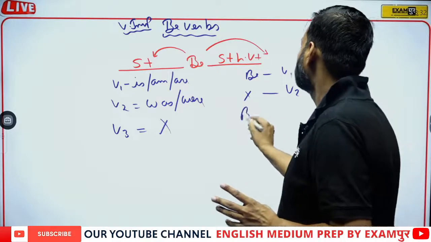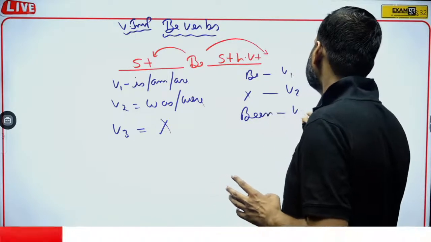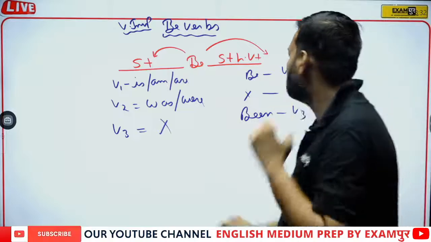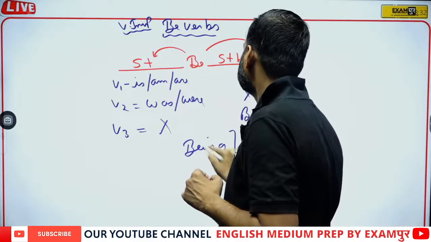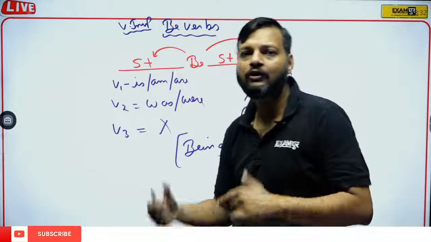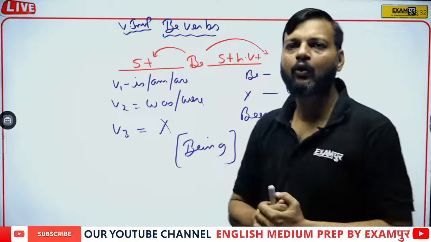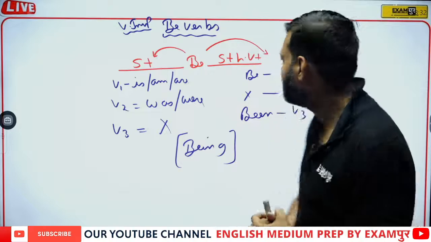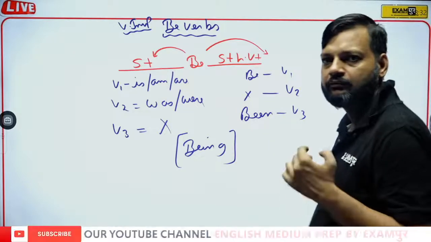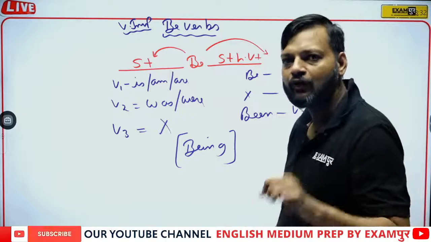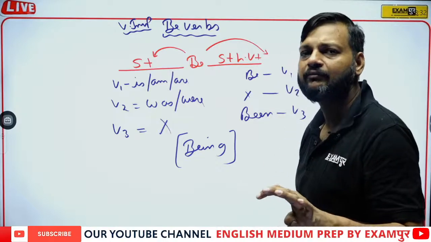And third form is been, right? And the ing form is being, right? So is, am, are first form, be first form, was, were second form, been third form.